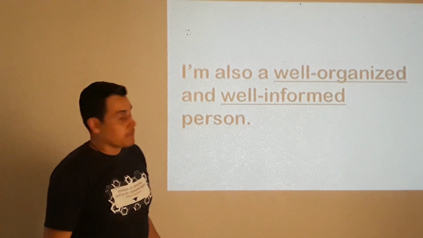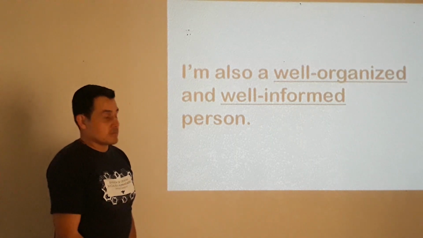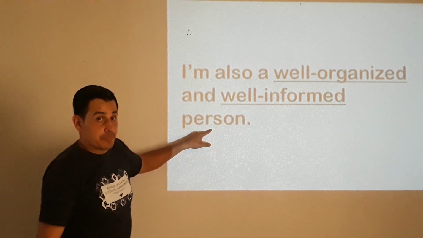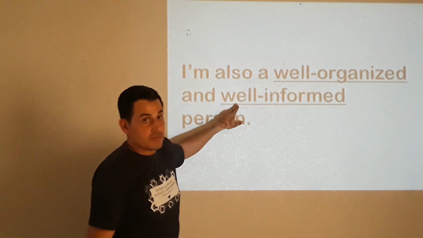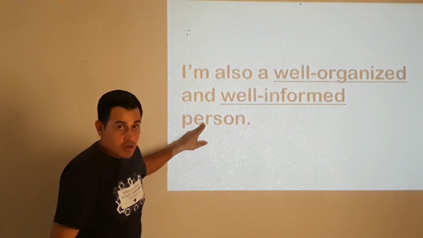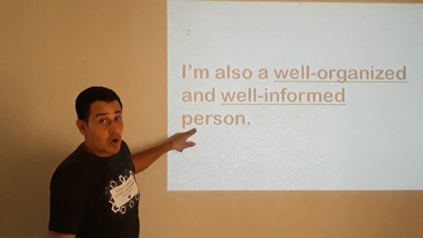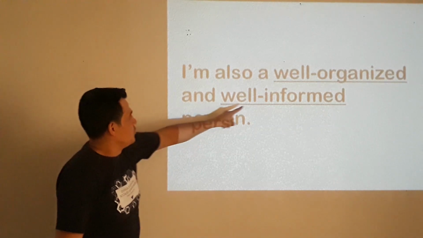Example. Where do you see the noun here? The noun is person. You have well plus adjective before. You see it? It's here. It's before the noun. That is why you use the hyphen.